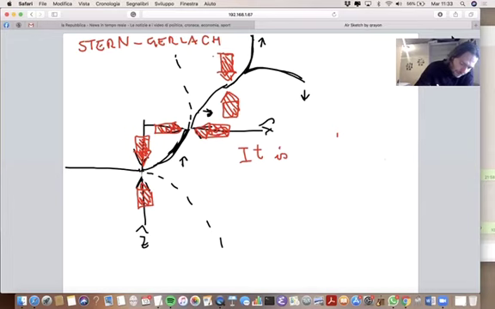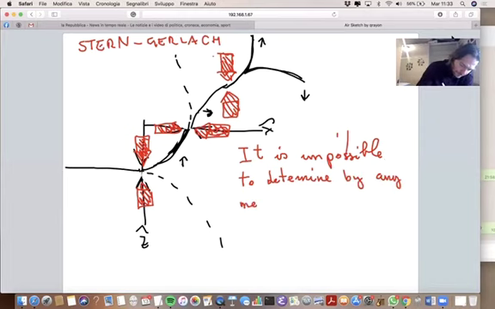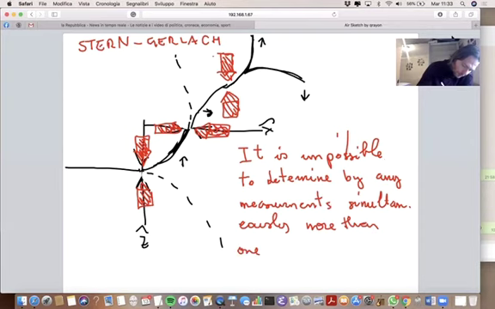It is impossible to measure simultaneously, or to know, to determine by any measurement, more than one component of mu.